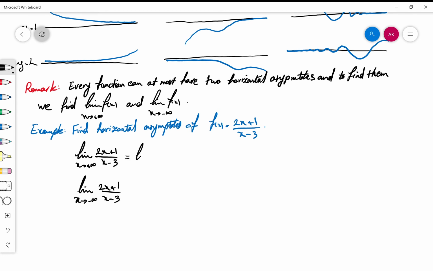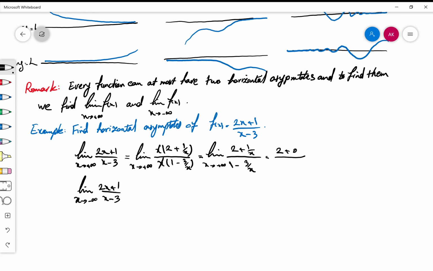We have learned in the previous video that you can find such limits at infinity by factoring out the highest power of x in the numerator and the highest power of x in the denominator, and then canceling the x's you factored out. Now you have the limit of (2 plus 1 over x) over (1 minus 3 over x) as x goes to plus infinity. This is 2 plus 0 over 1 minus 0, which gives you 2.